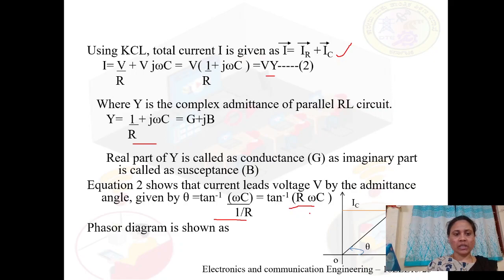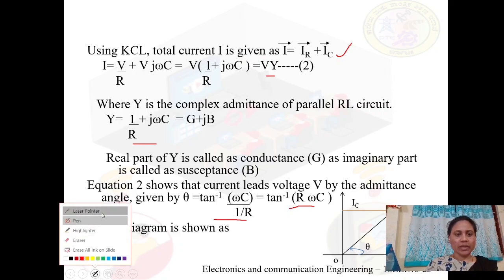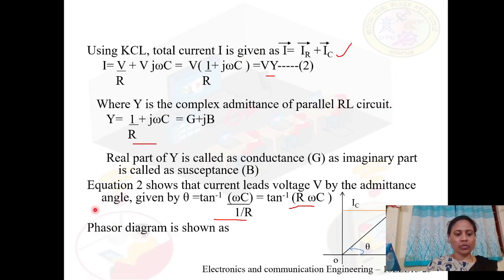Positive in the sense the phase angle for the current is also positive, and hence current leads the voltage by an angle of theta. When RC components are connected in parallel, current leads the voltage by an angle of theta, whereas in parallel RL components, current lags the voltage by an angle of theta.